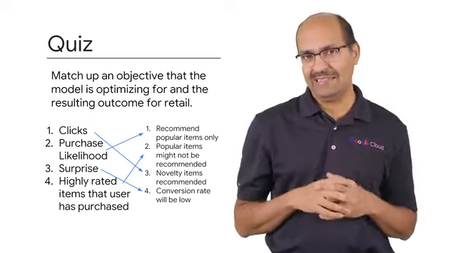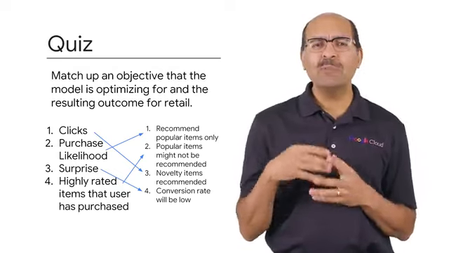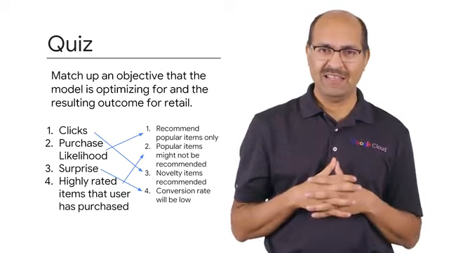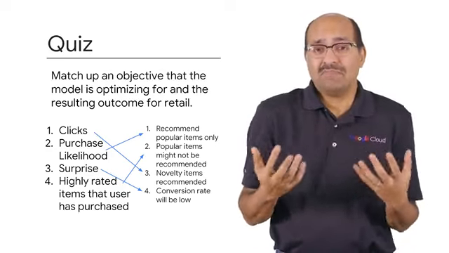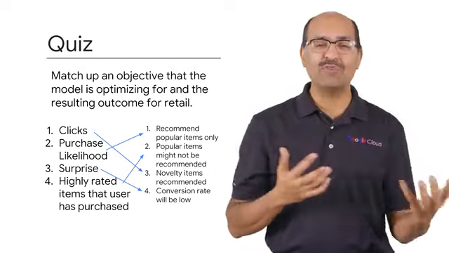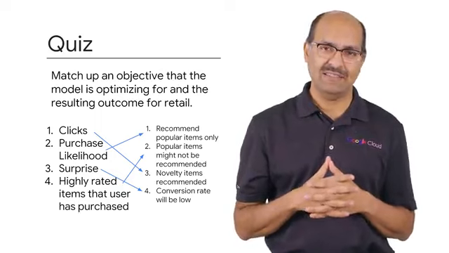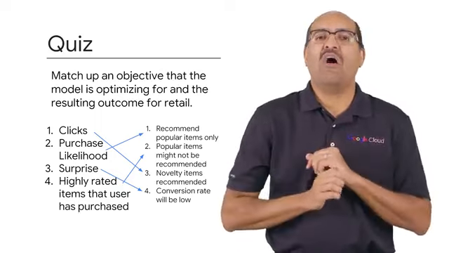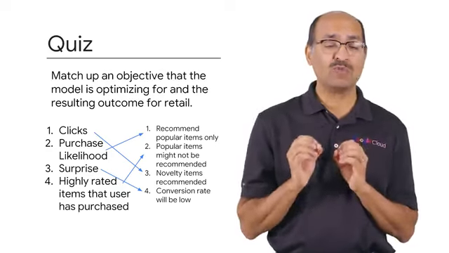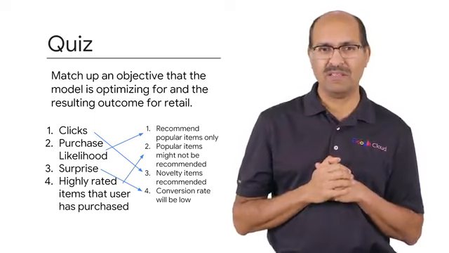In reality, the objective that most retailers pick will be a weighted combination of all these factors. And the retailers will typically tweak the relative weights as the company's strategy changes. There is no right answer. It's all a trade-off. So, make sure to discuss what the right objective is with your business stakeholders.